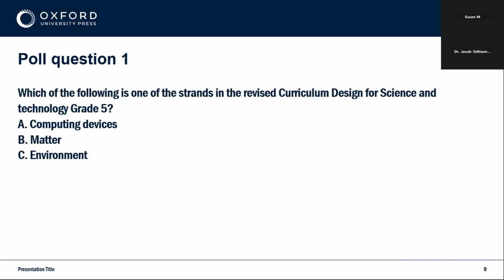Which of the following is one of the strands in the revised curriculum design for science and technology, grade 5? Is it computing devices, matter, or environment? You have 2 minutes to respond to that poll question.